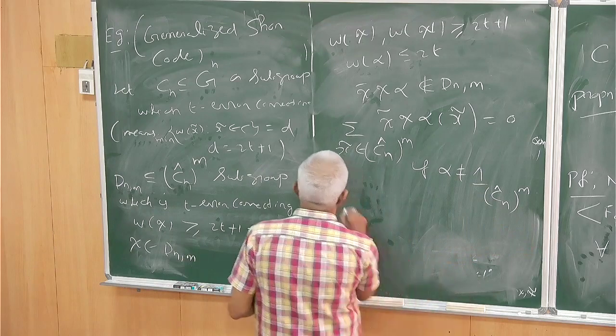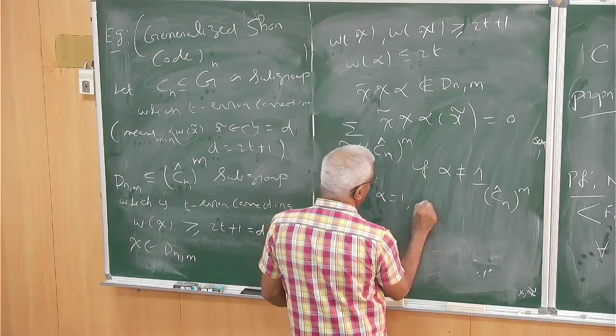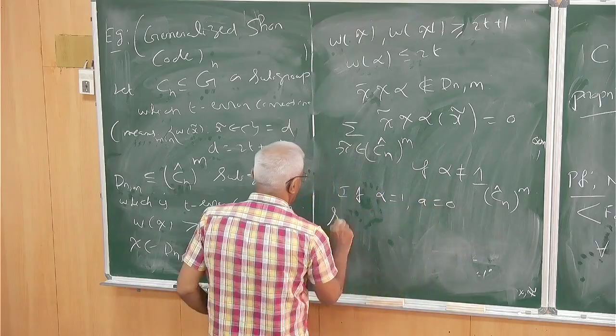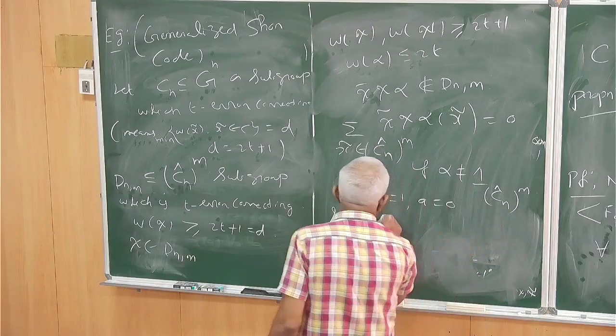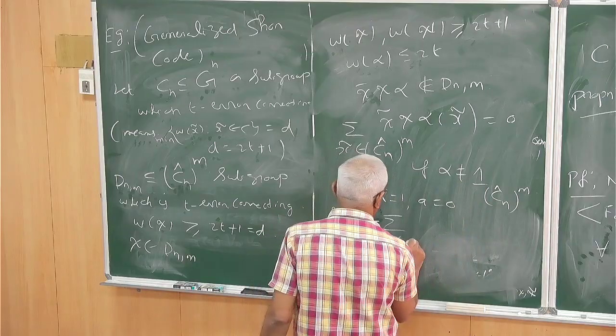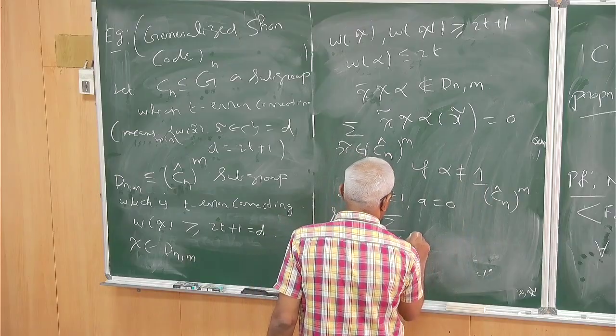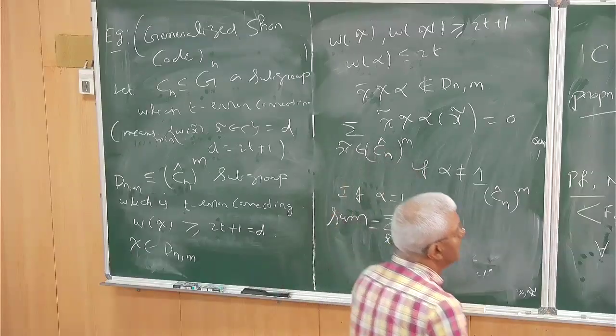So if alpha equal to 1 and A equal to 0, then that sum is going to be, there is nothing there. So the sum is going to be x tilde in whatever C n hat.